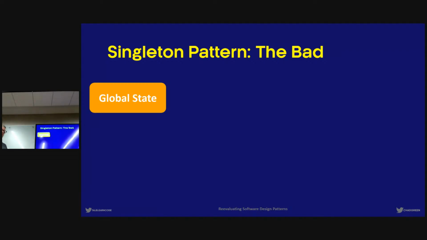But it could also be a security issue. If your applications do a whole lot of different things and you've built more of a monolithic application, now because it's a singleton, different parts of the application can actually see data they probably shouldn't be able to see. So that's a concern.